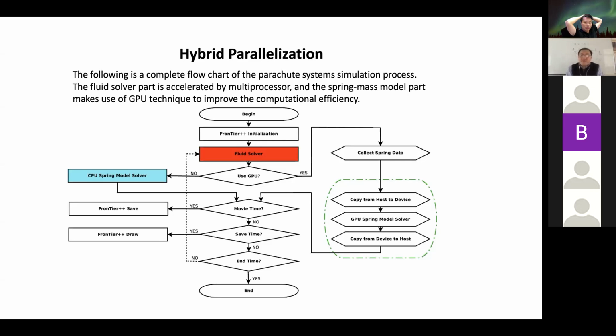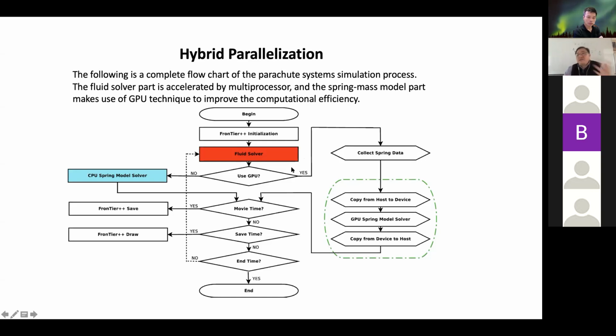The spring mass model requires a lot of computation, but it doesn't require a lot of data transfer. Therefore, we can put this into the GPU unit and let the vector solvers solve it very quickly and then come back. So we use hybrid parallelization: MPI, or domain decomposition, as well as the GPU.